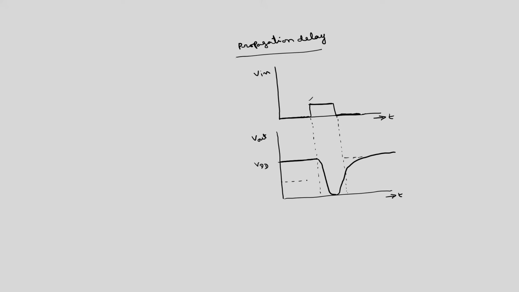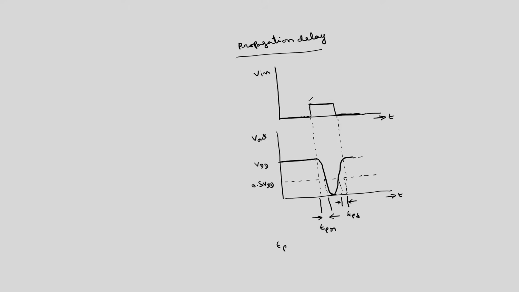Somewhere here is 50% of VDD, 0.5 VDD. The gap between the point where the input changes and the point where the output reaches 50% is called the propagation delay of rise time, Tpr. Similarly, from this 50% to where it reaches the full value VDD, this is called Tpf, the fall time delay.